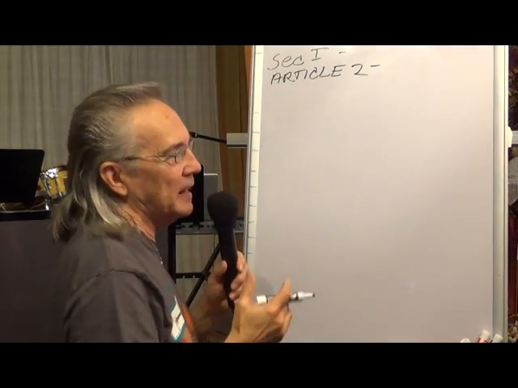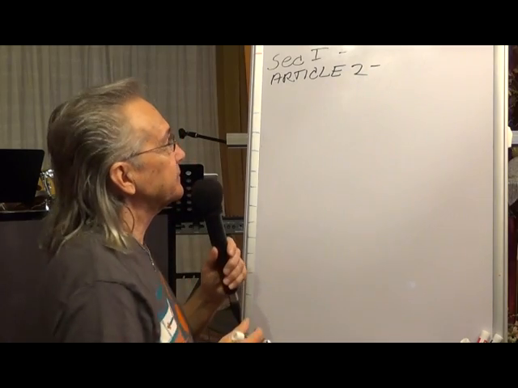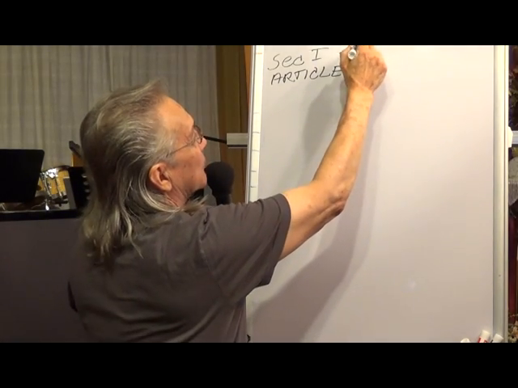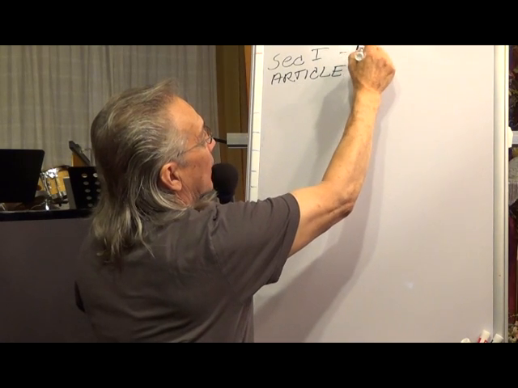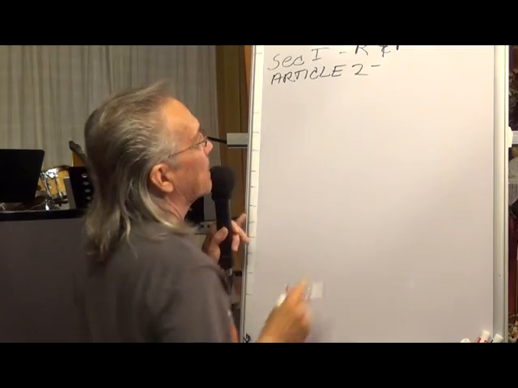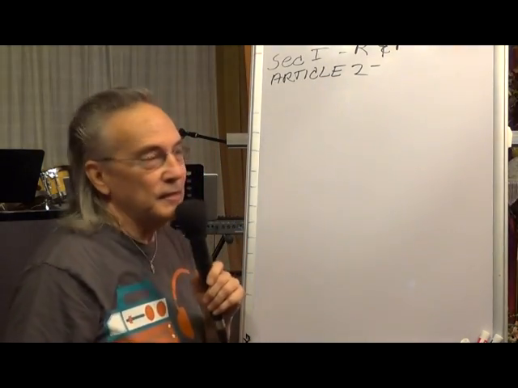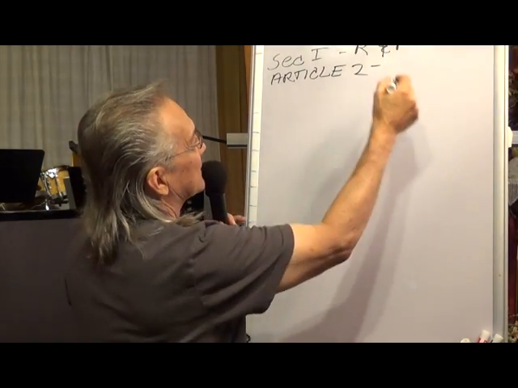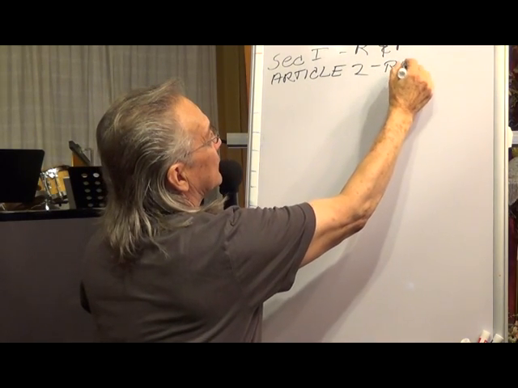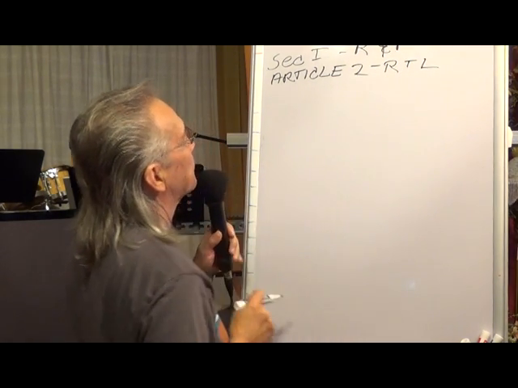Now, section 1 has a title, and it is Rights and Freedoms. I just use letters to represent the words here. And Article 2 has a title, Right to Life.